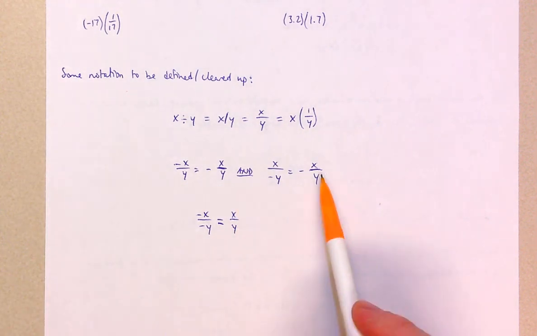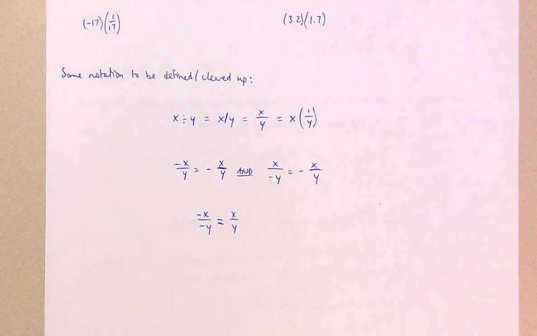So we still get minus x over y. If I take the quotient of two numbers where each of them is negative, then that's going to give me a positive quantity. So minus x divided by minus y is equal to x over y. So just a couple basic things, a couple basic facts, yet important facts about division of numbers that are negative and or positive.